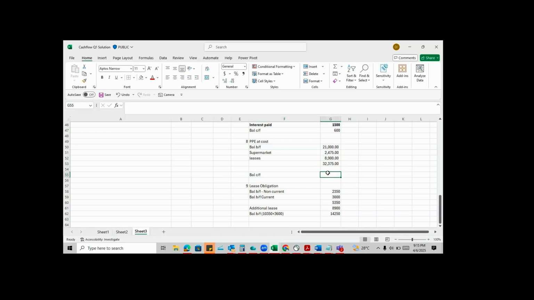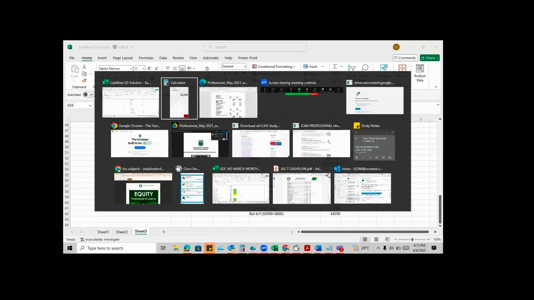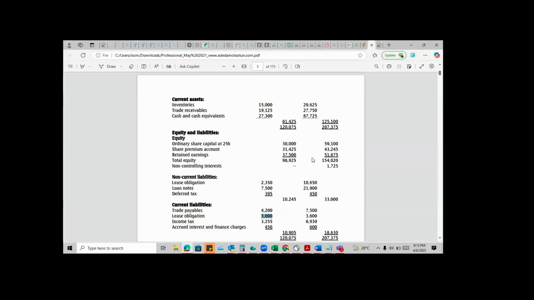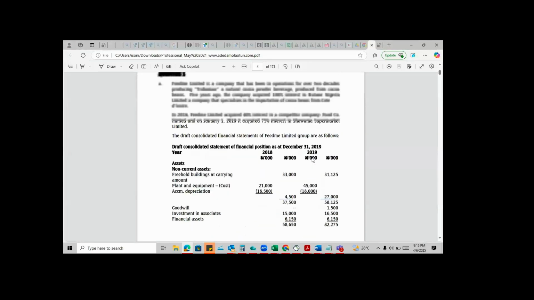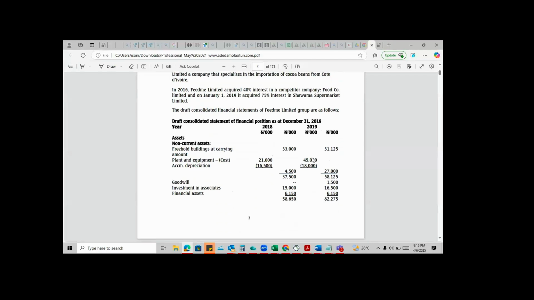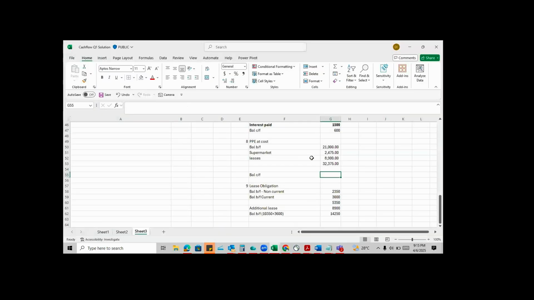was how much for PP? The balance carried forward for PP in terms of the cost, I think I saw 45,000. Yeah, 45,000. So what's the difference between this and this?